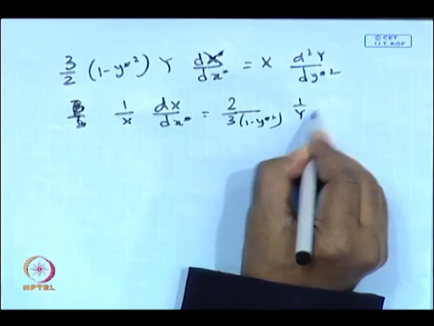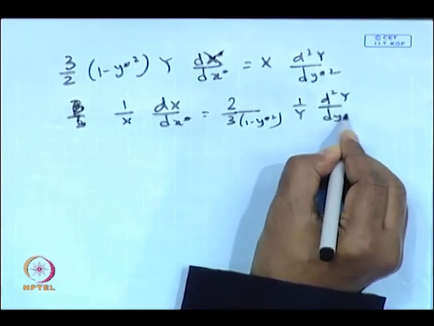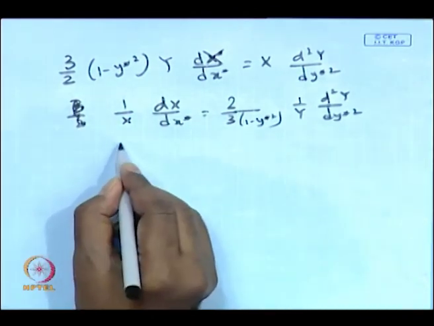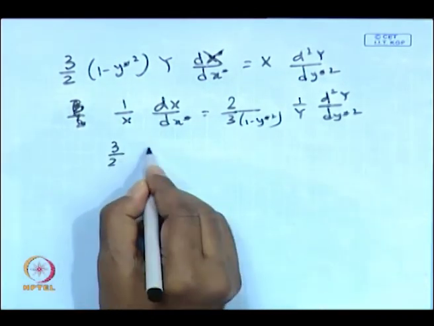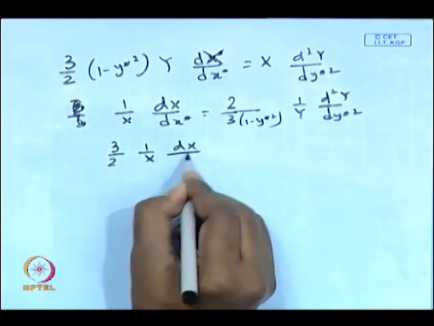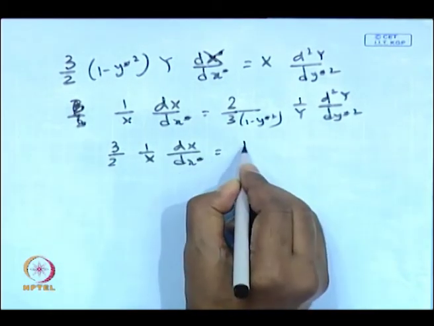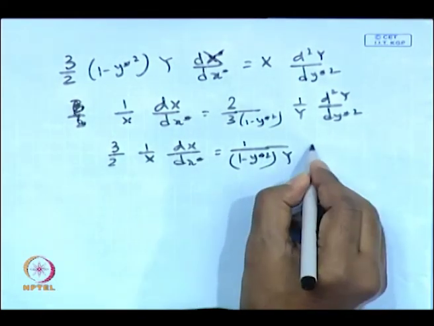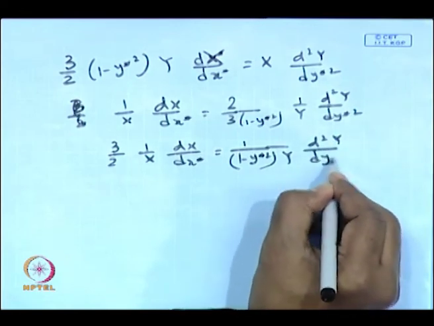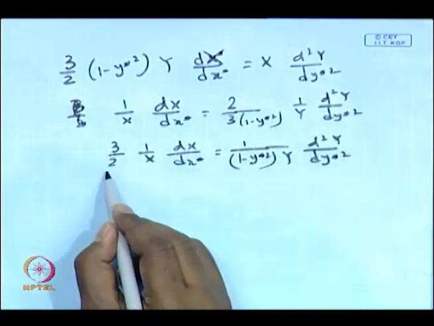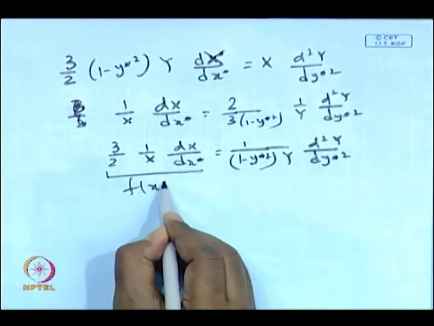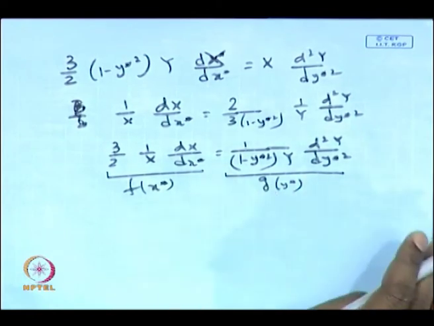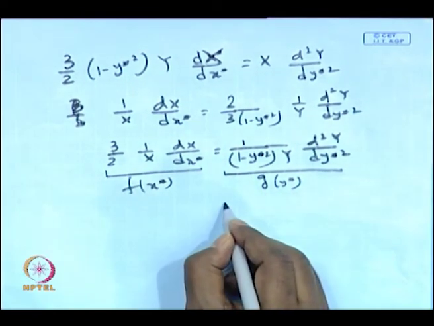It will be better if you take the 3 by 2 term on the left hand side. So, it becomes 3 by 2 times 1 over x dx by dx star is equal to 1 over (1 minus y star square) times 1 over y d square y d y star square. Now, the left hand side is completely a function of x, the right hand side is completely a function of y, and they are equal, that means they are equal to some constant.